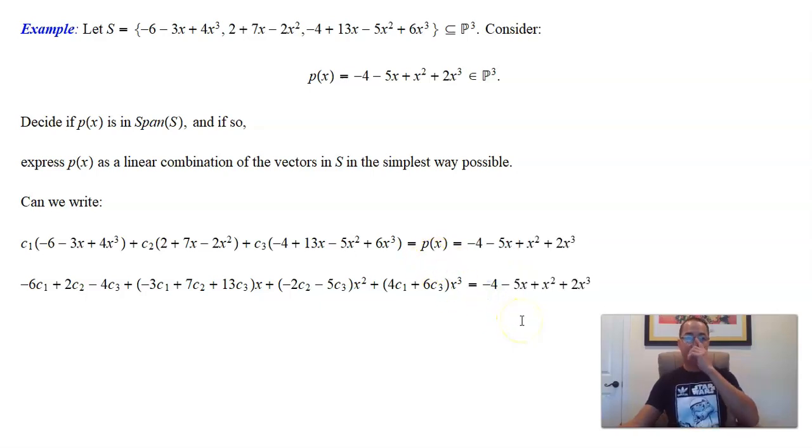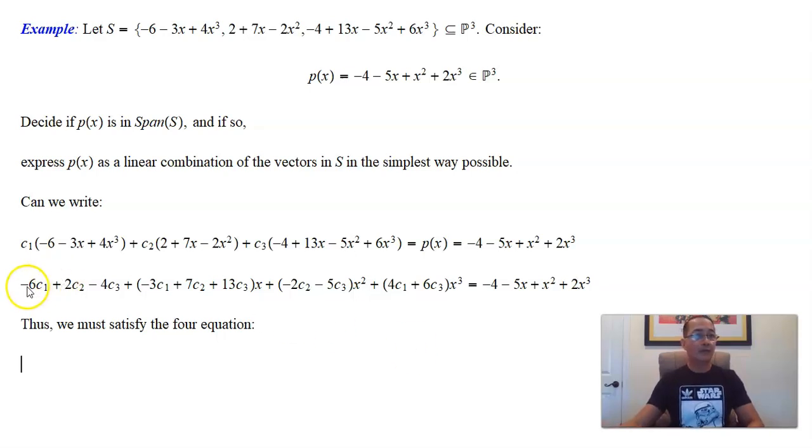I'm not going to write P of x this time. The theorem that we just saw said that this linear combination will be exactly equal to this linear combination as functions, if and only if these coefficients are pairwise the same. So thus, we must satisfy how many equations? 4 equations. What are those 4 equations? This coefficient must be equal to -4.